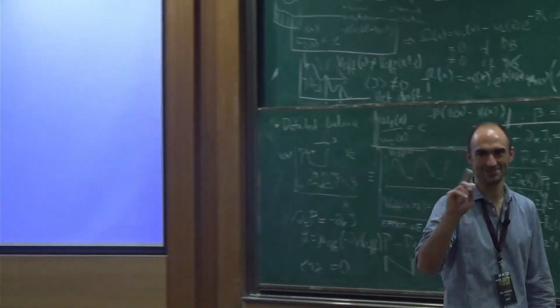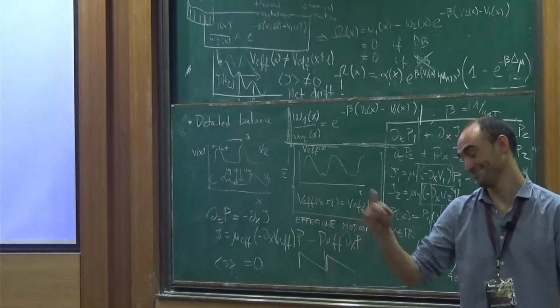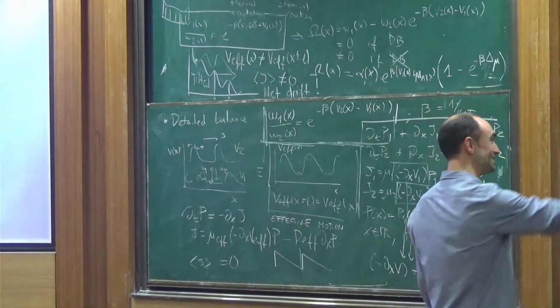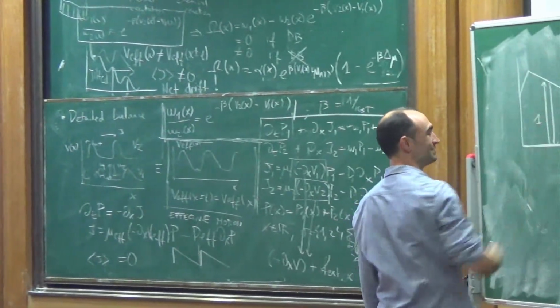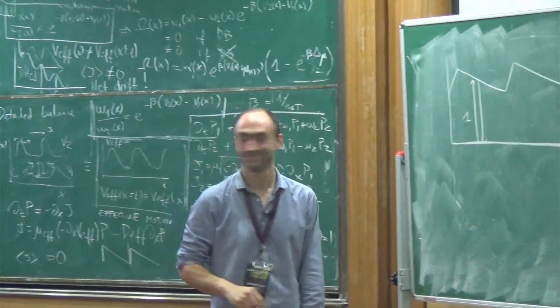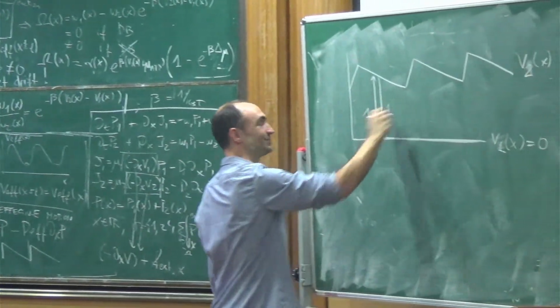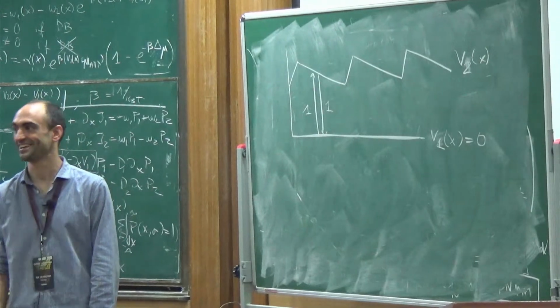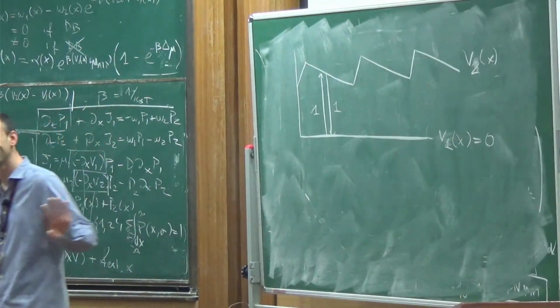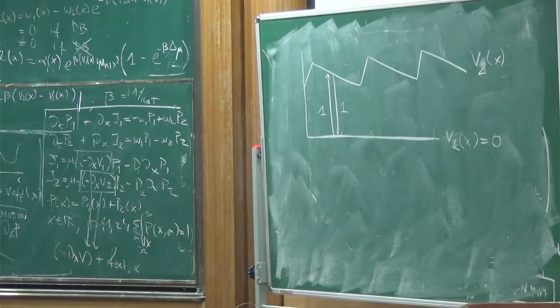Well, everything was magically true, but if you do this, up rate 1 and down rate 1, you will generate a current. That's it. Why? Because you're breaking the thermodynamics.